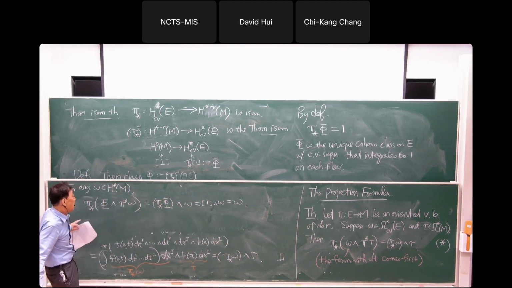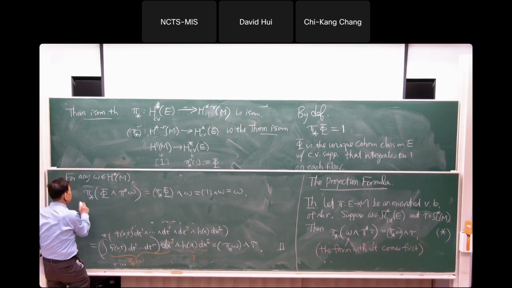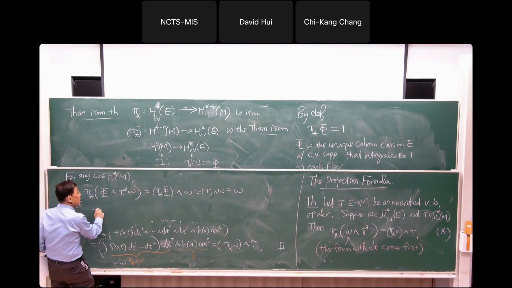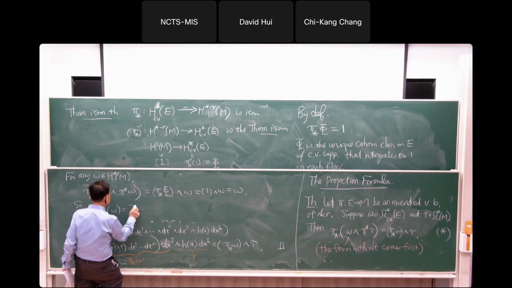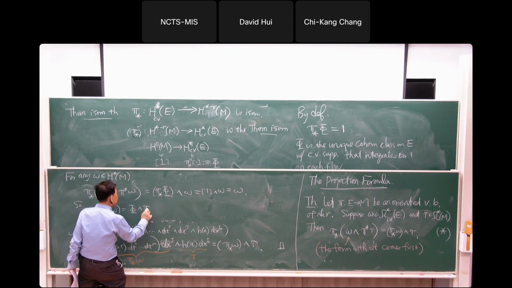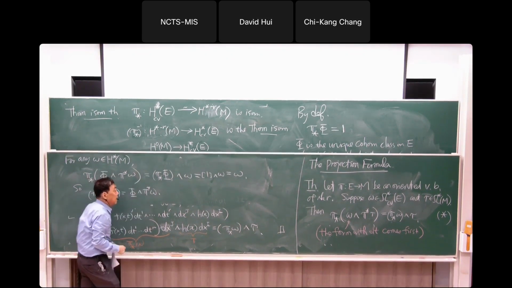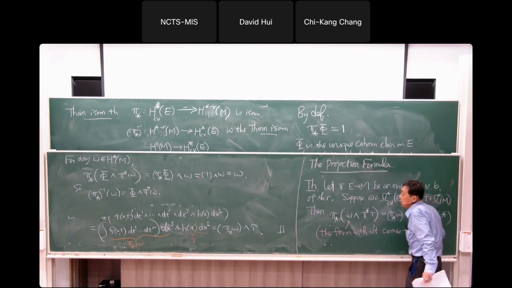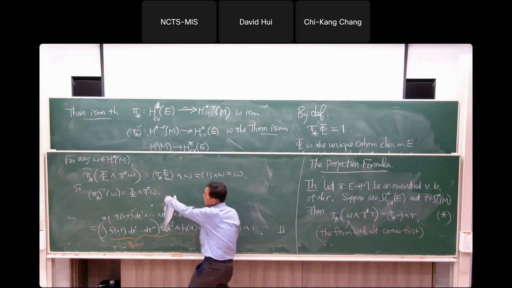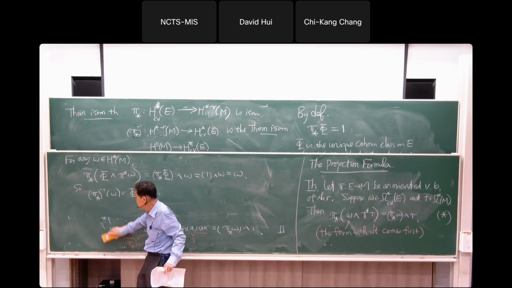And so π lower star inverse of omega is going to be φ wedge π upper star of omega. Okay? And that says that the Thom isomorphism is the pullback wedge with the Thom class.